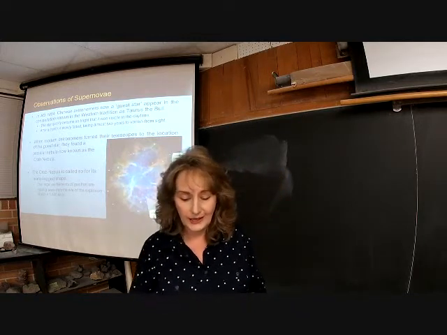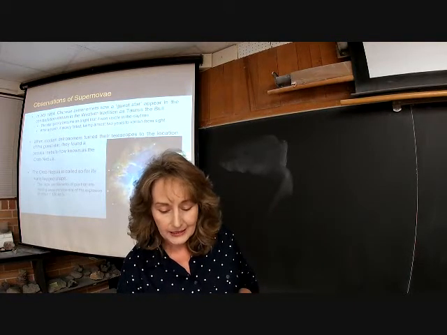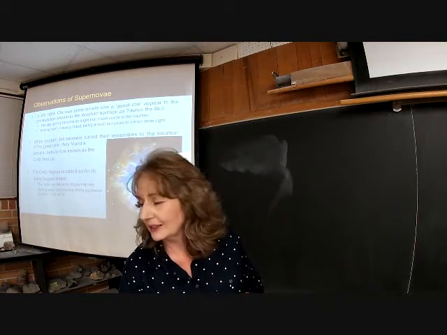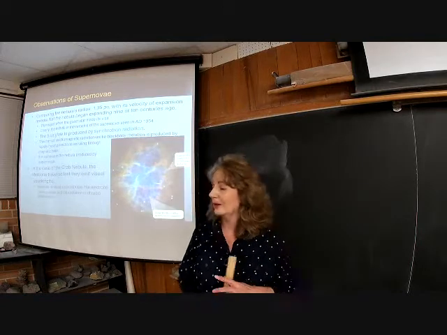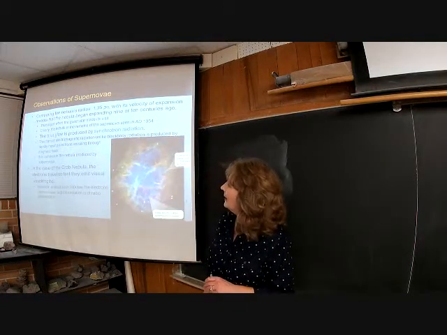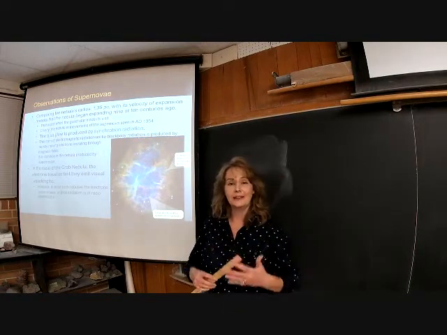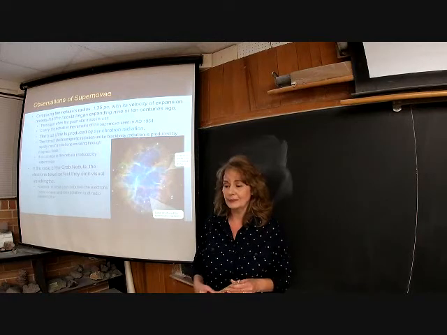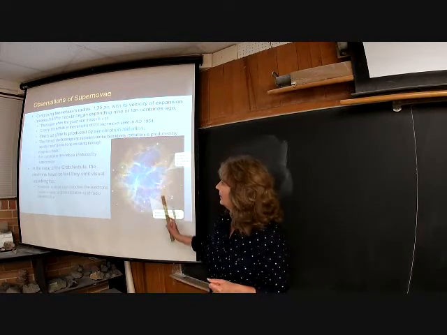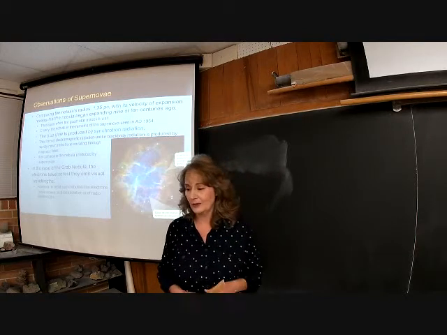There we go, a blue glow of synchrotron radiation happening. Electrons are spiraling through a magnetic field, creating this beautiful bluish glow. So a supernova remnant that we can observe.